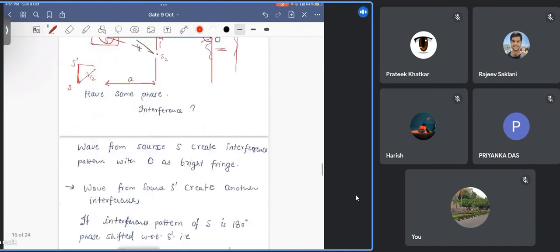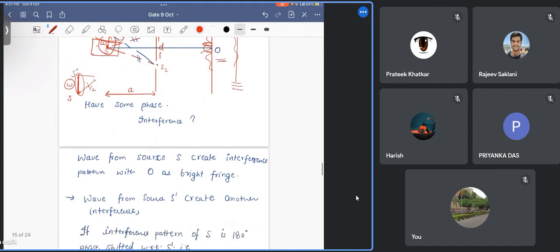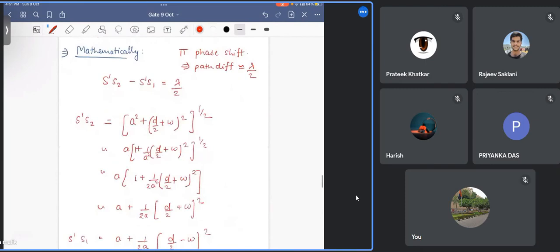And mathematically, if we try to solve what that minimum width would be, we can say what the source width should be to see the interference pattern in the double slit experiment. So this is what we are trying to do.